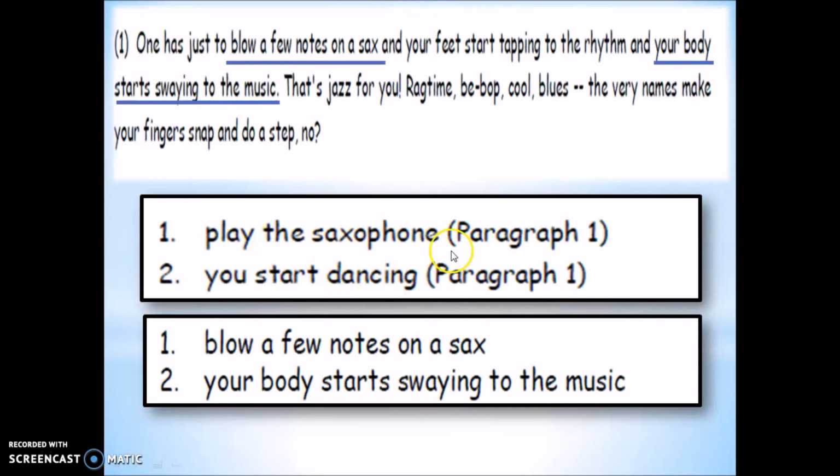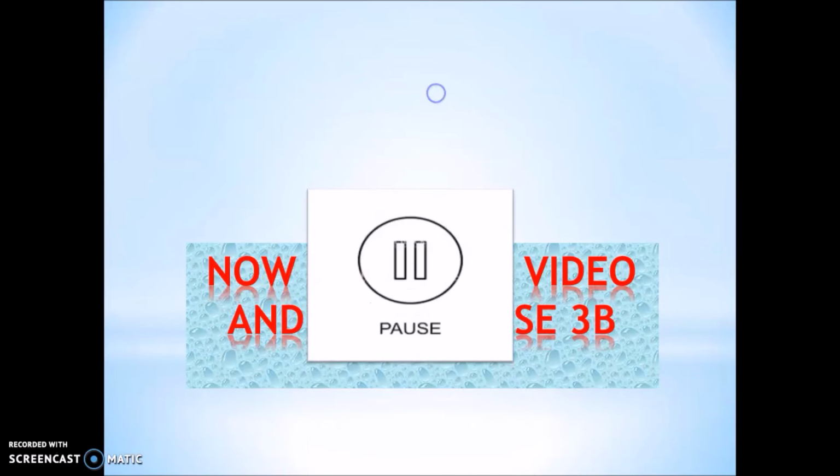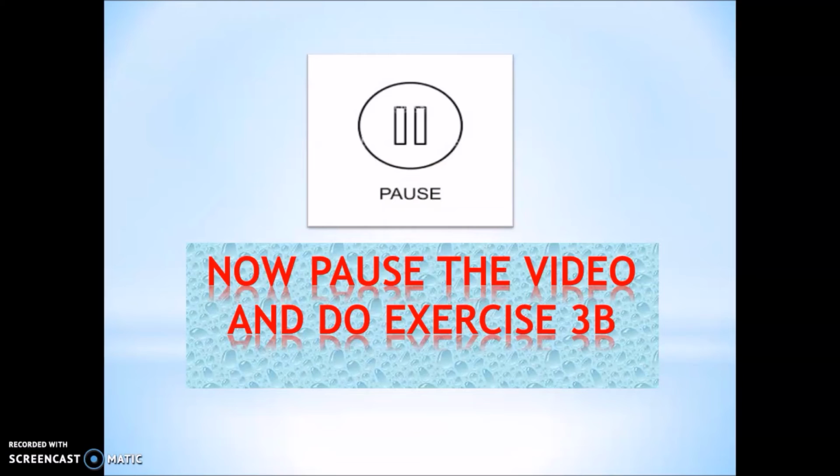And playing the saxophone, basically it is the same, blowing a few notes on a sax. And your body starts swaying to the music. That means you start dancing, basically. Your body means you. Okay, so now pause the video and do exercise 3B yourselves. Try it out.